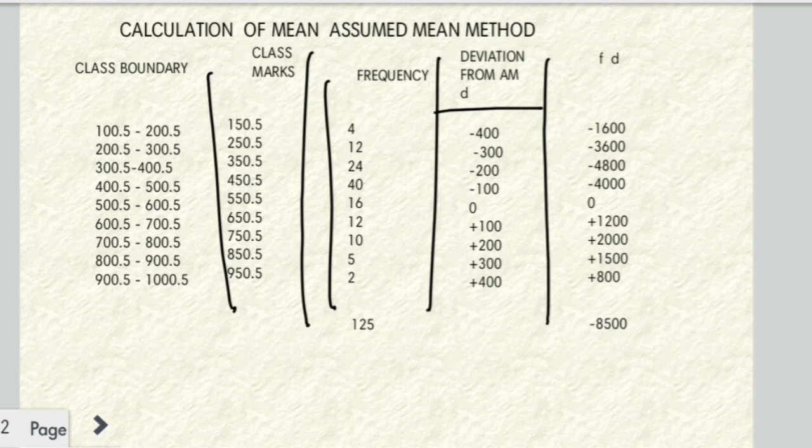How to calculate D? In group data, we calculate the assumed mean in a different process. Here we identify the mid value of class marks. Here the mid value is 550.5, because 4 data are in the upper part and 4 data in the lower part.